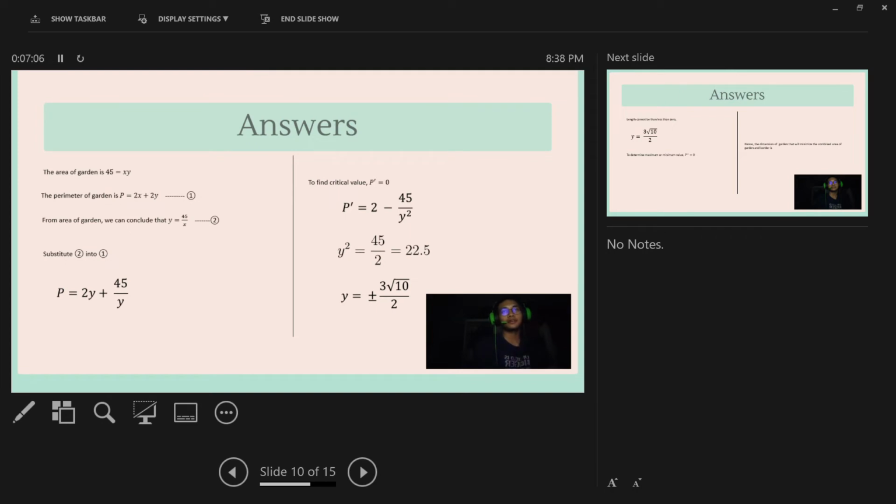Next, to find the critical value, we need to differentiate p and equal it to 0. The differentiation of p is equal to 2 minus 45 over y square, and from that we will get y equal to plus minus 3 square root 10 over 2.